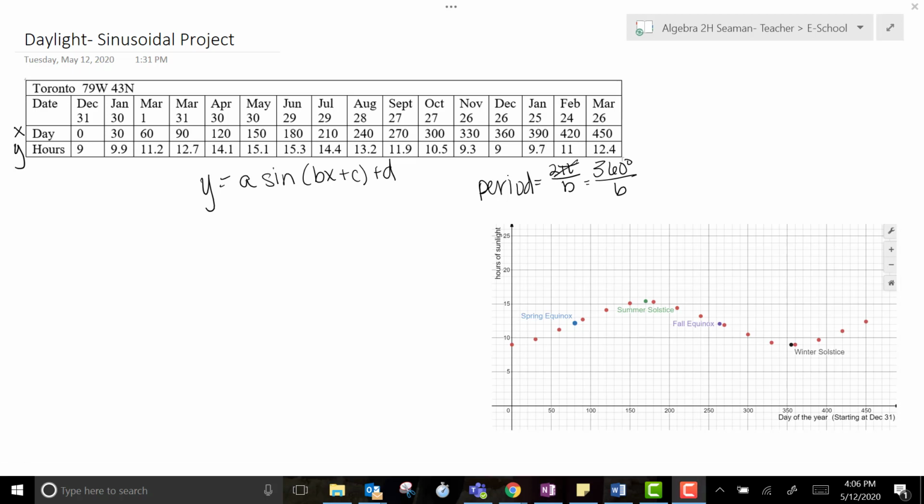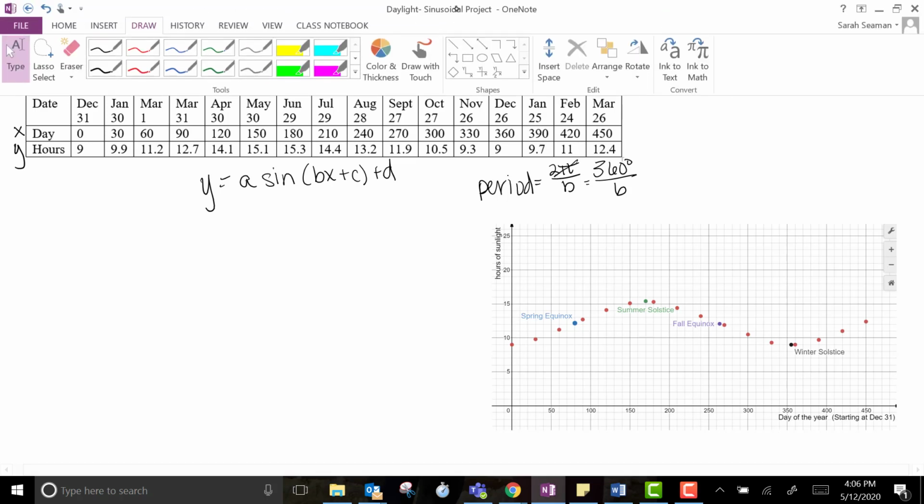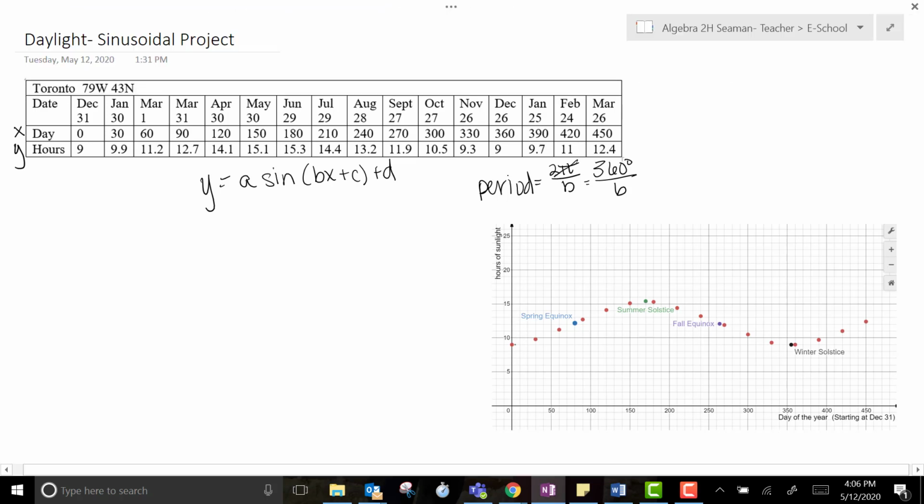Now I threw in a screenshot of the graph that I created from all those points. If I start connecting the dots here, we're going to use this to write my equation. The very first thing is I am going to get my midline and my amplitude done first. For my midline, I want to do my highest point and my lowest point added together, divided by 2.